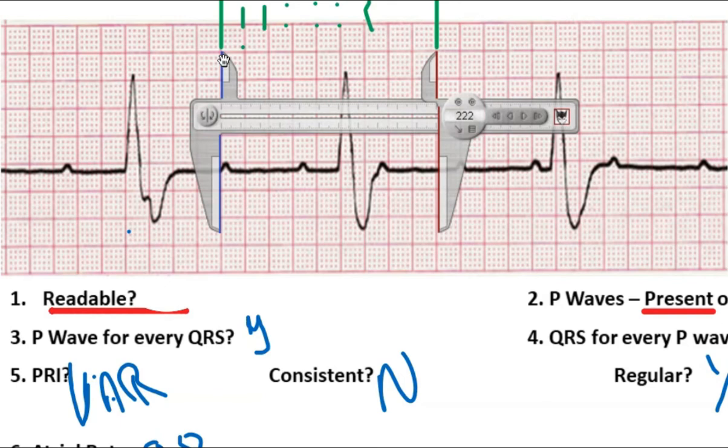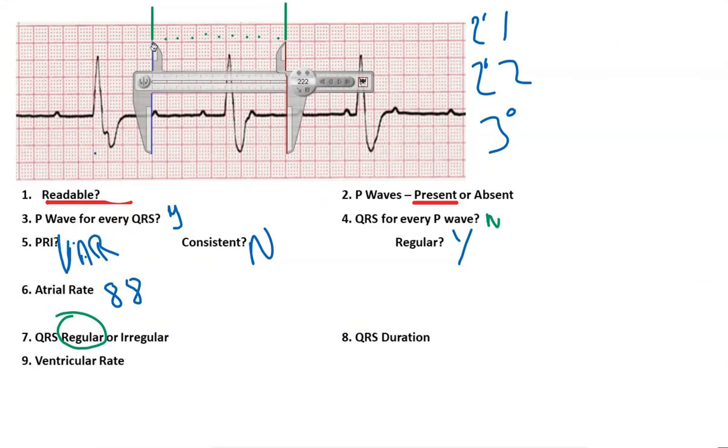So I would prefer that we calculate out the number of blocks that are here. Okay, so I know that there's 5, 10, 15, 20, 25, 30, 35, 40, 45. I have 45 blocks that are in between here, and when I calculate out 45 blocks, I am looking at 1,500 divided by 45, a ventricular rate of 33.